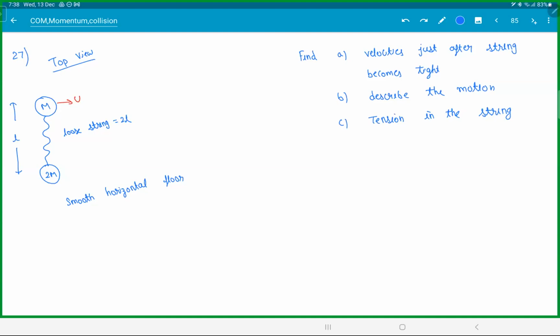Basically, everything is just after it becomes tight. How do we find that?